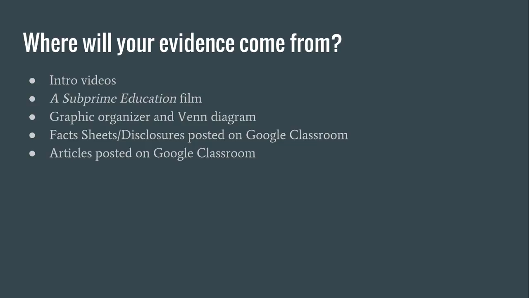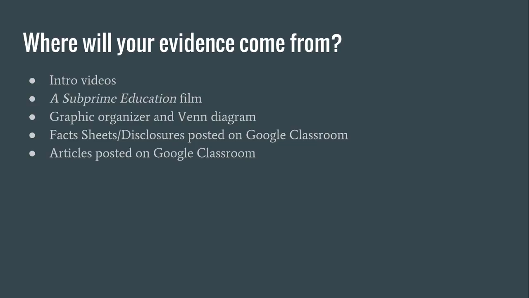And then I'm going to post 2 things on Google Classroom, one of which is fact sheets and disclosures. What every school does is they have to share certain information with the public. So I'll give you a few links to those websites, and you're welcome to do a little Googling and find other fact sheets if you want to find specifics.